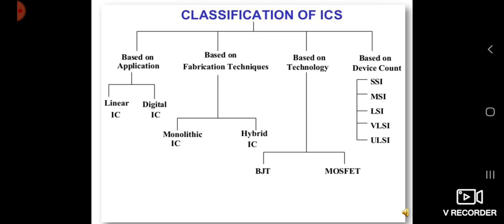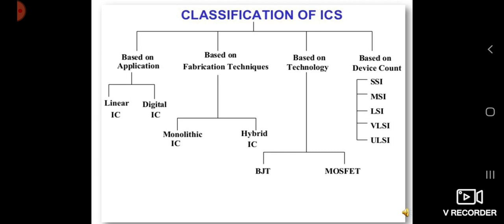When the IC is fabricated on a single wafer or single chip, it is called monolithic, but when more than one monolithic ICs are connected together, they actually form hybrid IC.